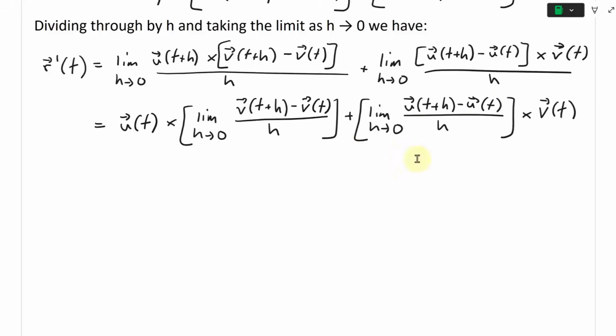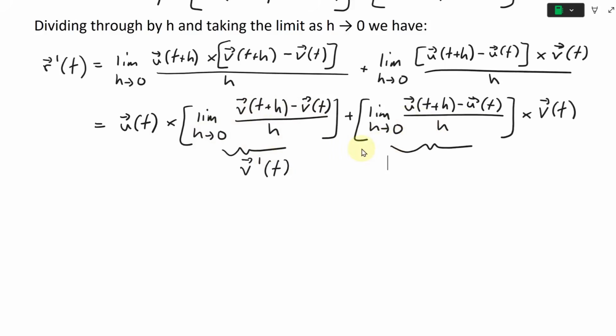Here I just shifted this over so it fits all in one line. Now this one here is just the definition of derivative for a vector function. This is just v prime of t, the vector function. So again, this is just the limit as h approaches 0 of v of t plus h minus v of t, divided by h. And this one is the same thing for u.